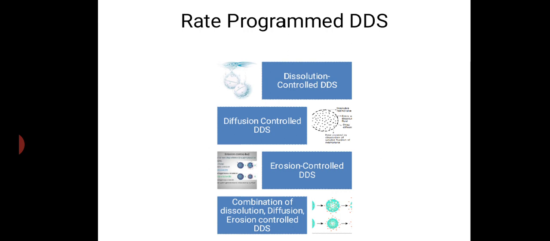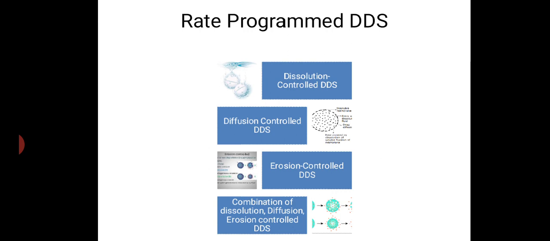So, in this rate programmed drug delivery system, the third classification is erosion control. That means the process of erosion is controlled. Erosion of the polymer is controlled. That means there is no erosion, or the erosion happens at a slow rate. If the erosion happens at a slow rate, the drug release also happens at a slow rate.